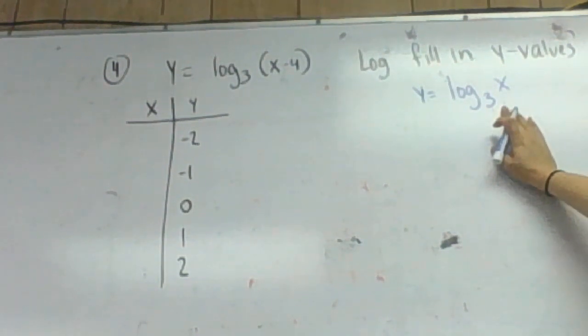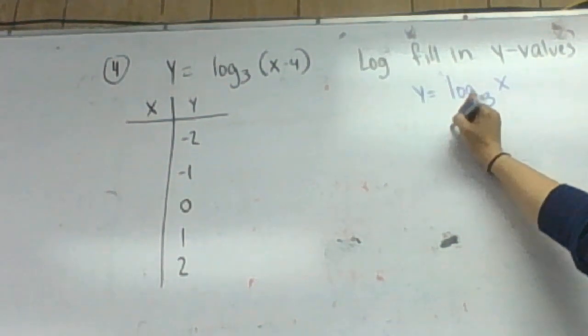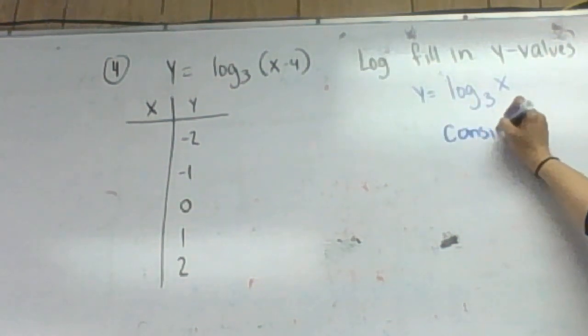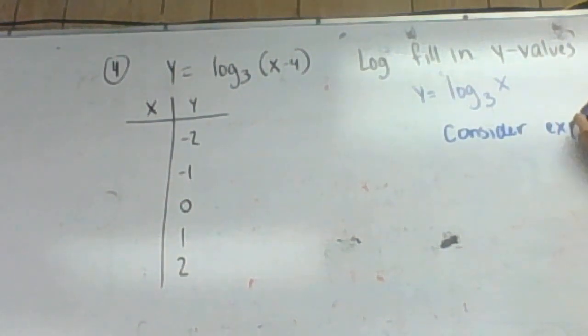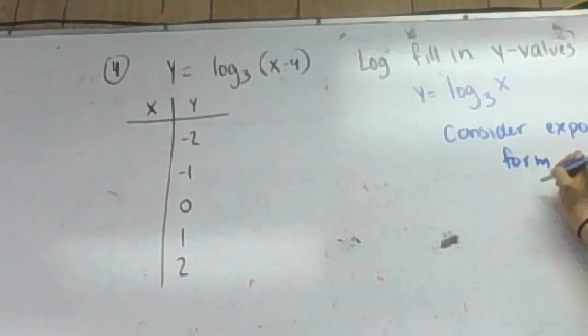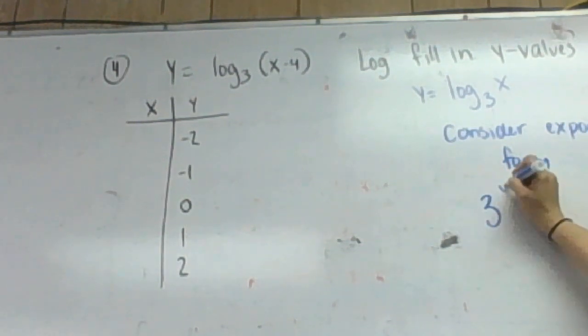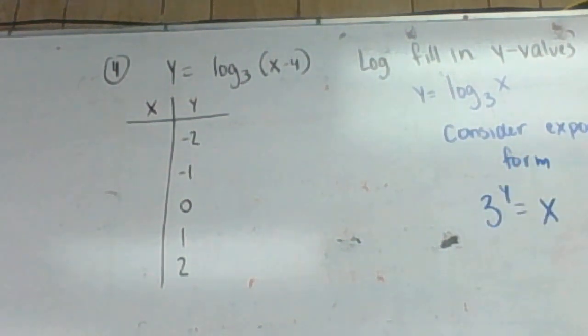So I think I said to graph a log, we make the table for y. And I said consider the exponential form. So that would be 3 to the y equals x.